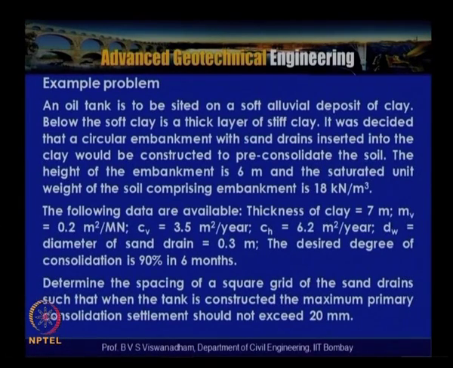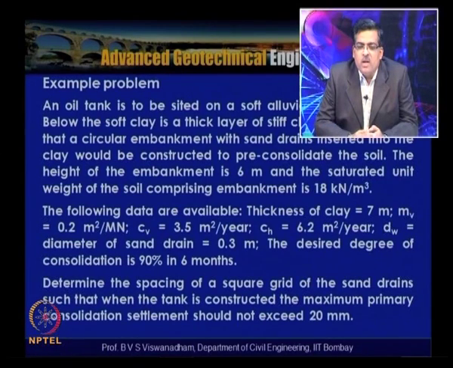That means we have to calculate the final consolidation settlement, and the final consolidation settlement minus this allowable settlement gives the degree of consolidation, up to which we have to consider both vertical and radial consolidation.